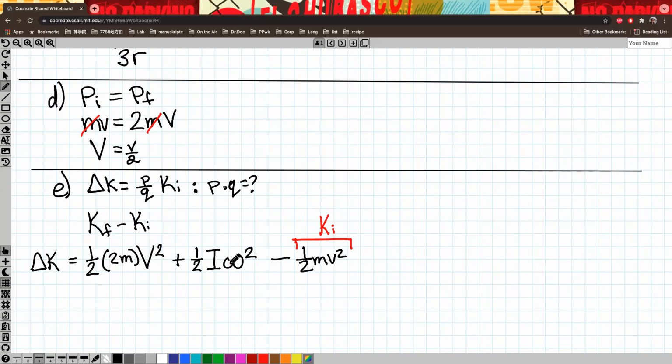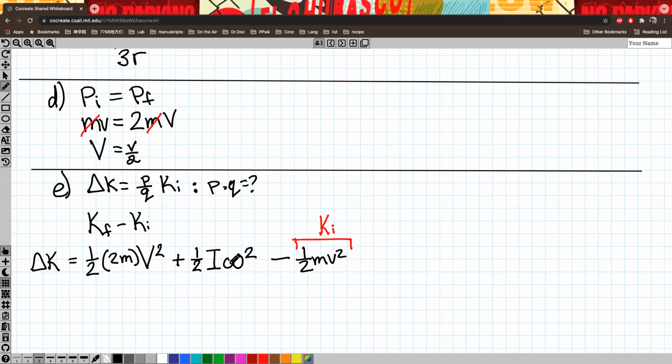So we basically want to factor out a Ki, right? Yeah. So change half of mv squared back to Ki.